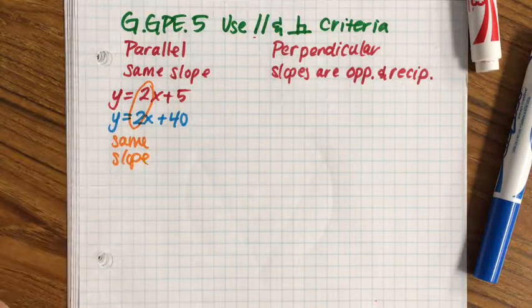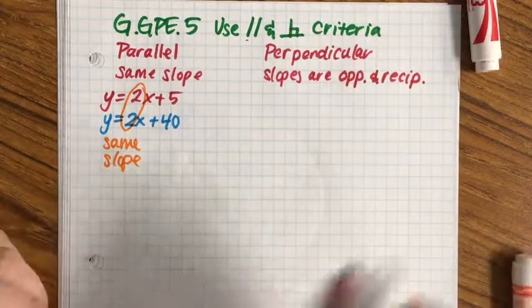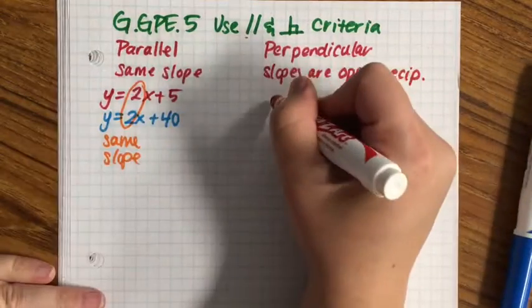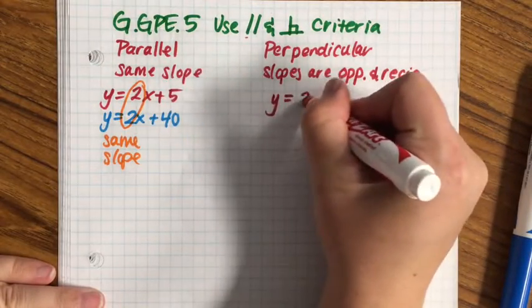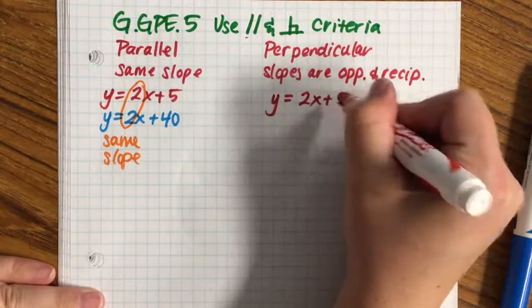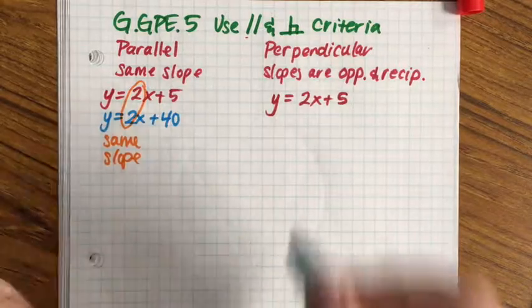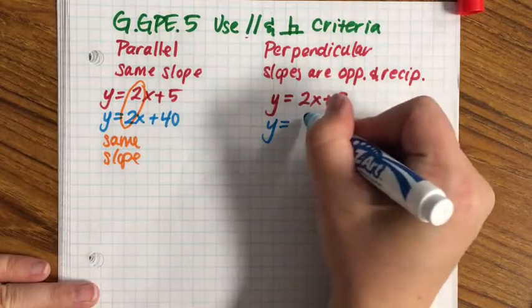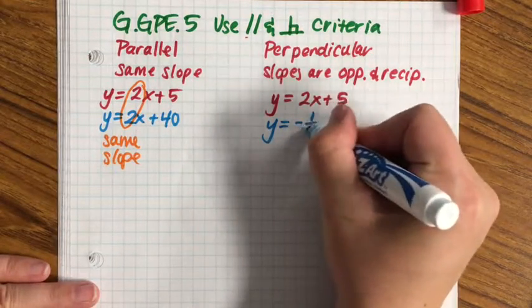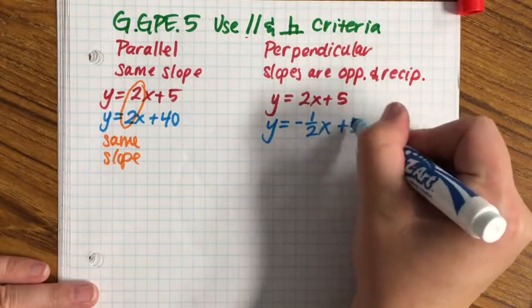Okay. Then if I have an equation, y is equal to 2x plus 5, what is an equation of a line that would be perpendicular to that? Jacob Malm. y equals negative 1/2 x plus 5. Good.